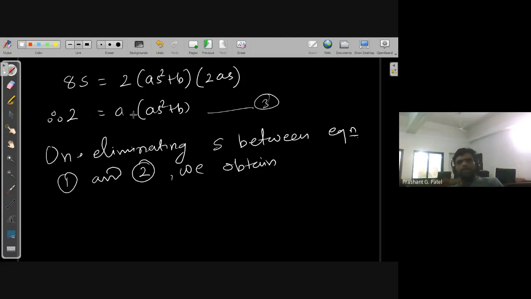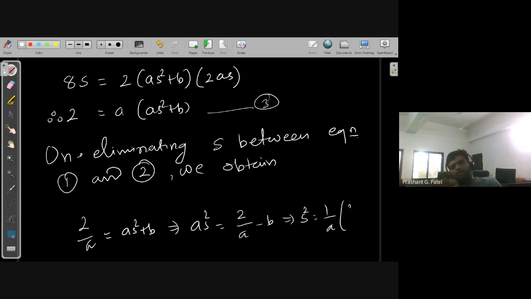So you just observe that from this we can get the value of s square. So that value is 2 by a equal to as square plus b. So that implies as square is equal to 2 by a minus b. So that implies s square is equal to 1 upon a into 2 by a minus b.